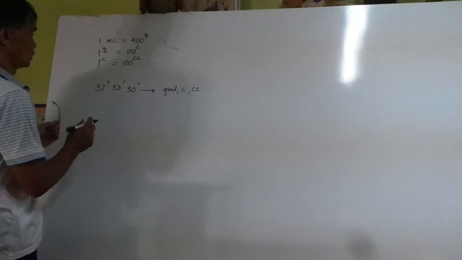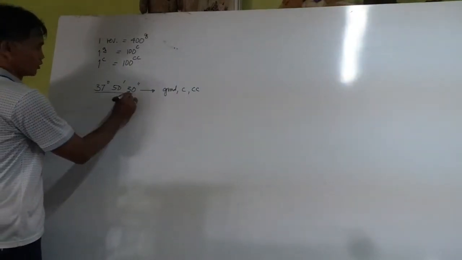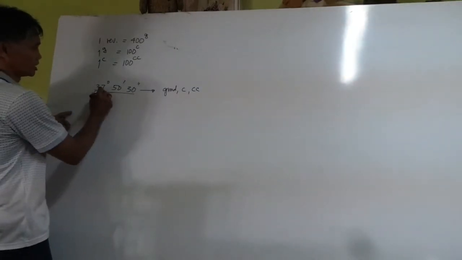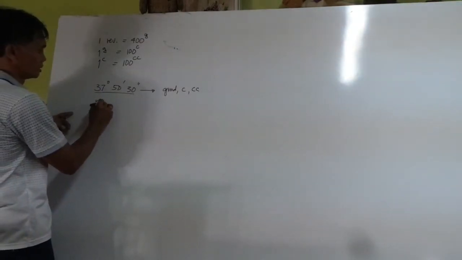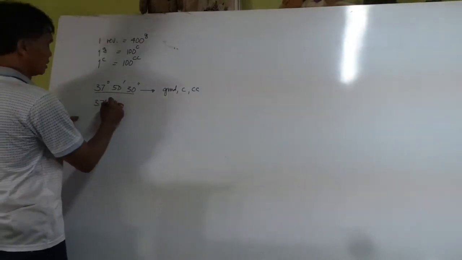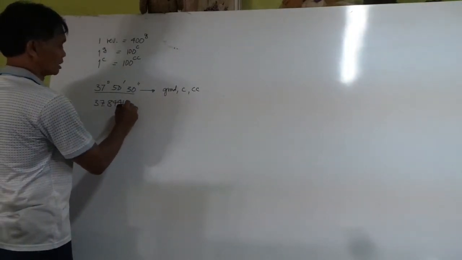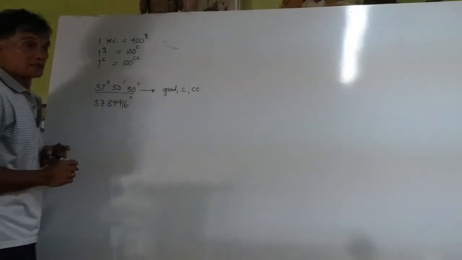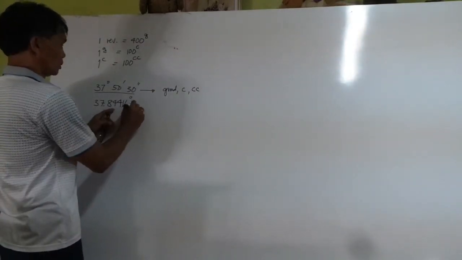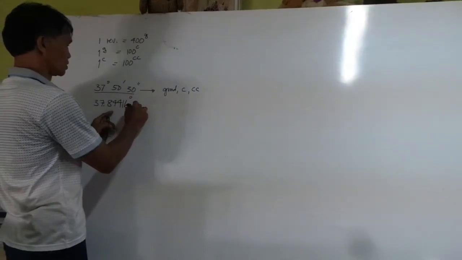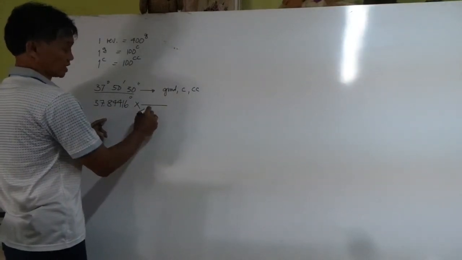So we will now convert this 37 degrees 50 minutes 30 seconds into grads. First we change this to decimal form. The equivalent in decimal form is 37.84416 degrees. We know that one revolution is 360 degrees.